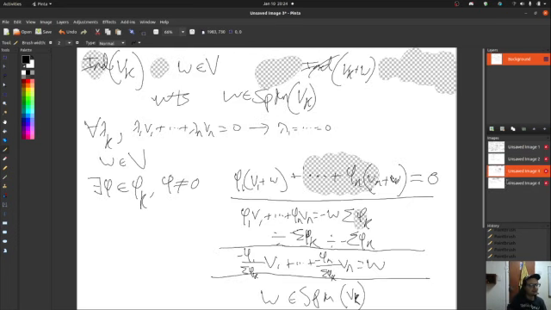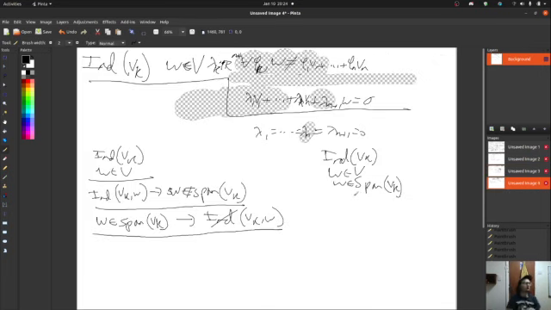How did I write out the definition of dependent? I wrote it with an exists out front, which I hope is correct. Stop the clock.